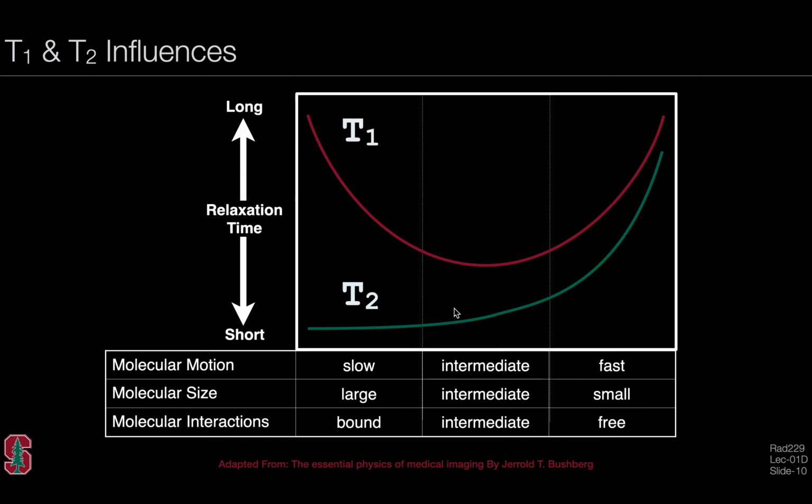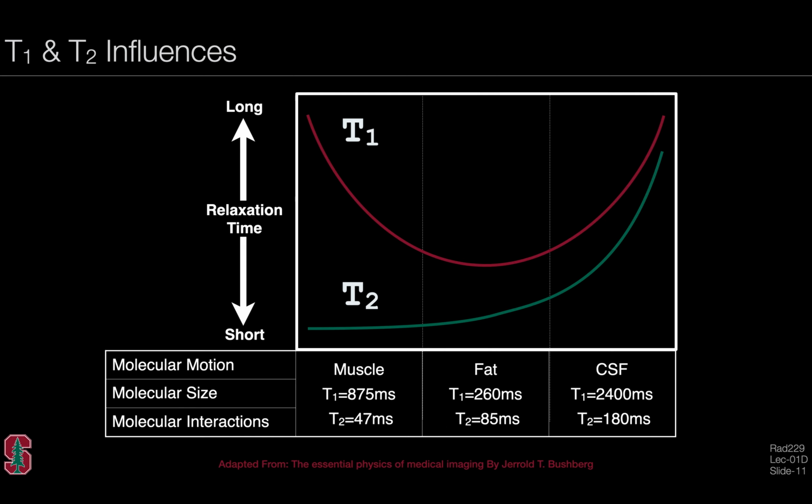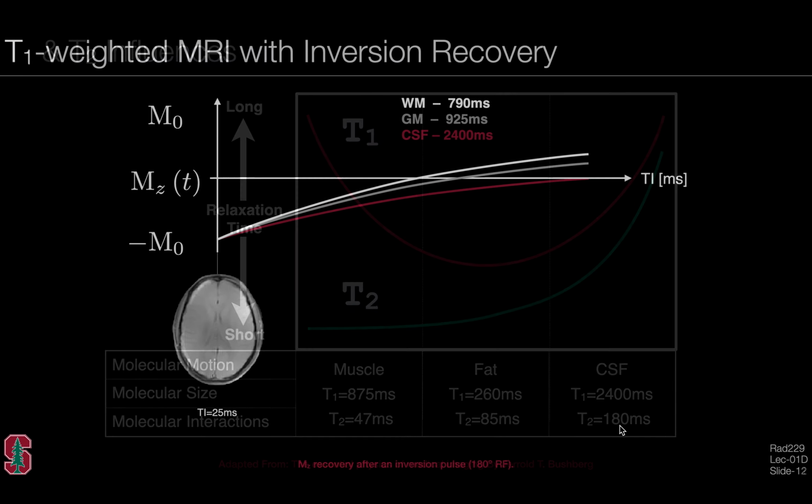And while these terms may not make intuitive sense for those without a lot of background in molecular dynamics, we can associate these with specific tissue types. And so muscle, for example, has a relatively long T1 and short T2. Fat has a relatively short T1 and a relatively intermediate T2. And CSF has a relatively long T1 and a relatively long T2, in accord with the sort of molecular dynamics that were shown on the previous slide.